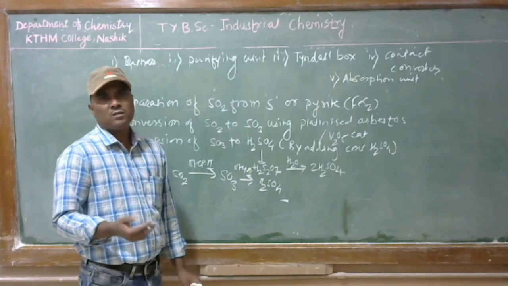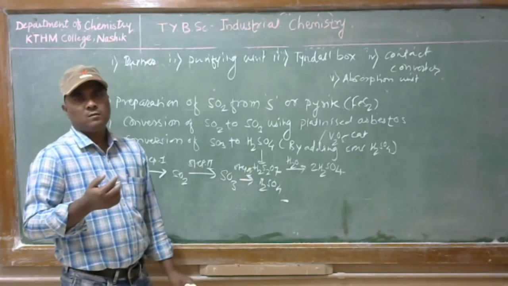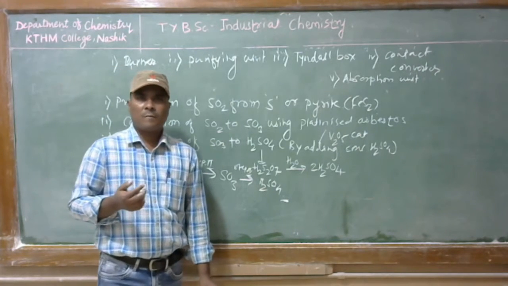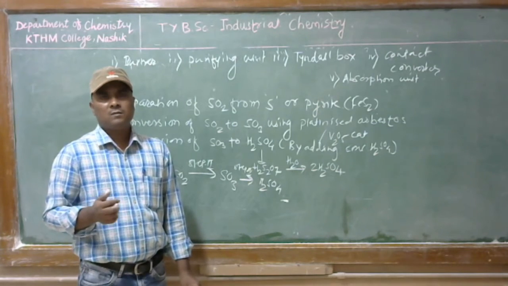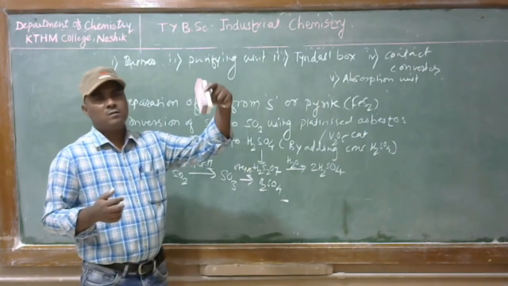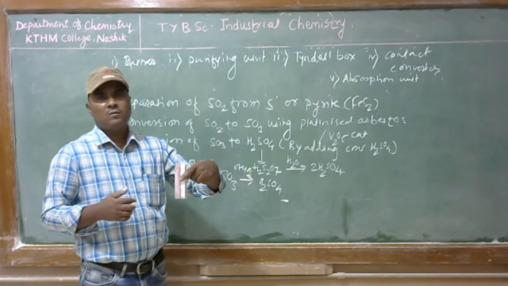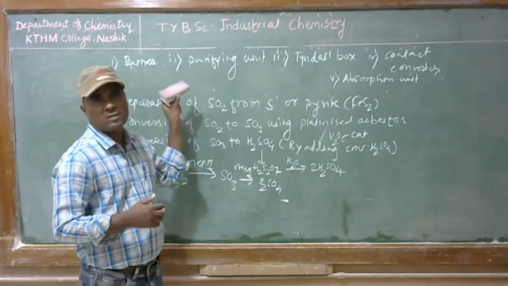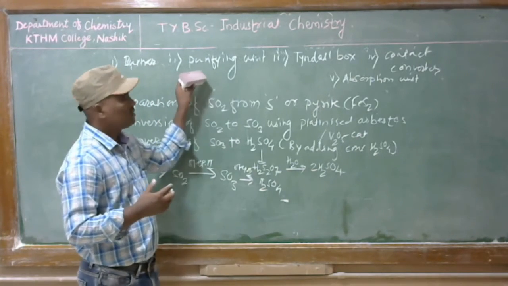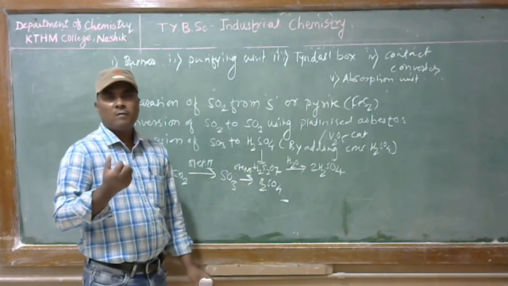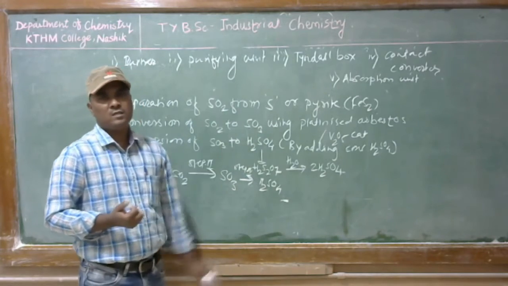Further, it is passed into the scrubber, the second chamber, where water flows down. Whatever SO3 is formed in the first reaction forms acid fog, and this acid fog gets absorbed in the second chamber.